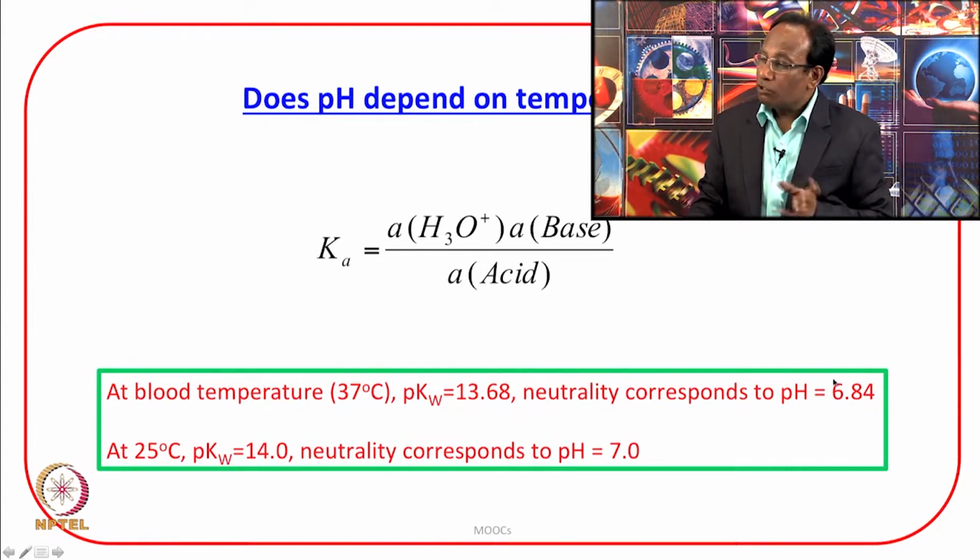That means, when we talk about the neutrality concept, at blood temperature the neutrality will correspond to pH equal to 6.84. And since pKw is 14 at 25 degrees centigrade, at 25 degrees centigrade the neutrality corresponds to pH equal to 7.